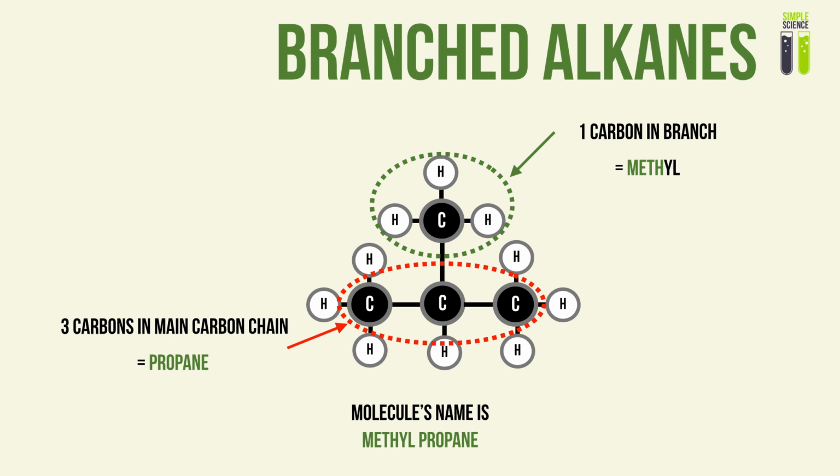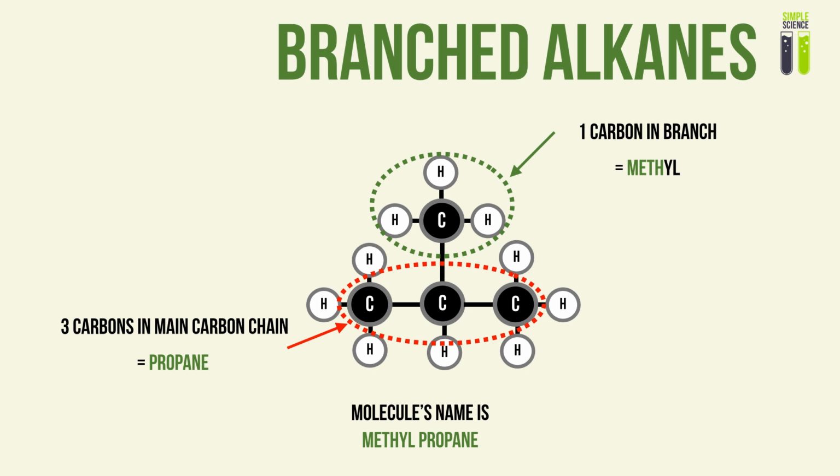And similarly, we look at the main chain, which is exactly the same as the previous simpler molecules. We have 3 carbons in that main chain, so that main chain will be considered as an alkane called propane. So if we combine the name of the branch and the name of the main carbon chain, we get the name of the whole molecule: methyl propane, where methyl represents the branch of 1 carbon atom and propane represents the main carbon chain surrounded by hydrogen atoms.